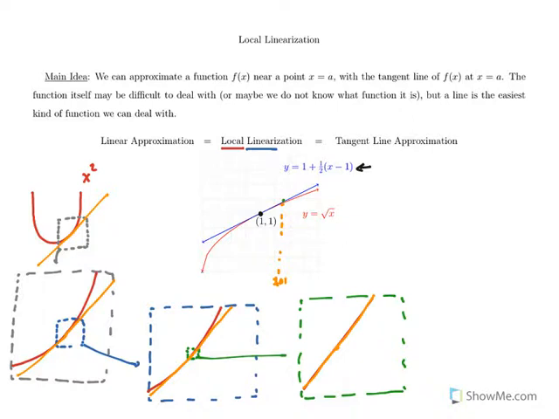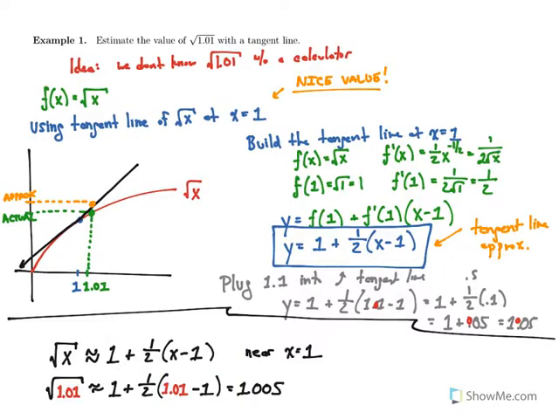And we can see that in this example, the approximated value is an overestimate. Because it is above the actual function value. This is an overestimate.